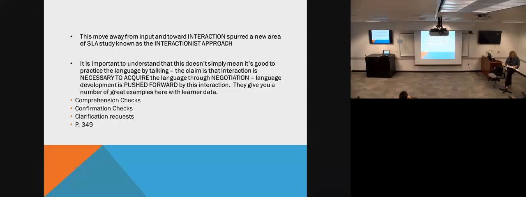So if you've got comprehension checks, would be something like, do you know X, or did you understand? So did you see any of those in there? Yes, right? The Spanish guy is constantly saying, you know, right? Okay. So, yeah. Confirmation checks.